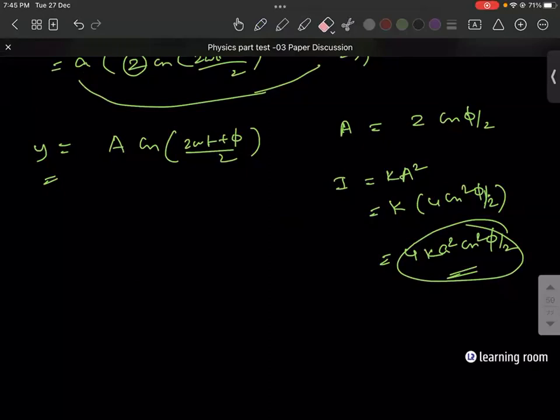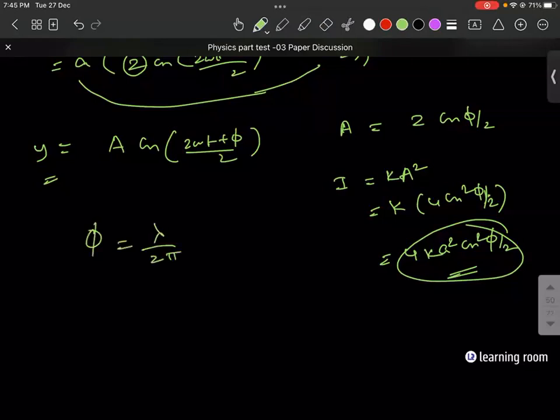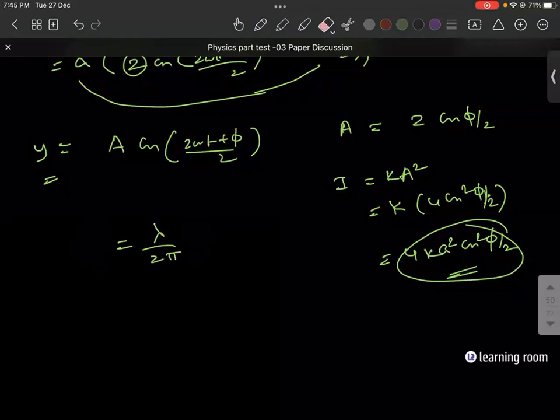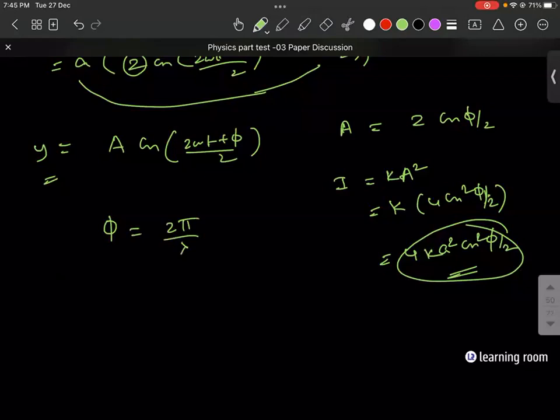Phi is equal to 2 pi by lambda into the path difference. So if the path difference is lambda, the phase difference will be 2 pi.